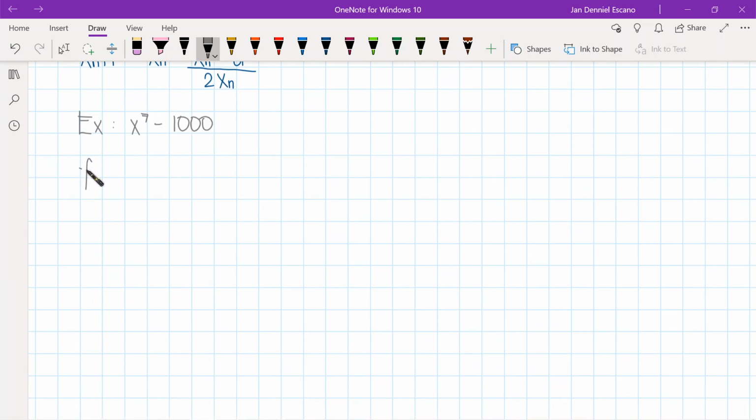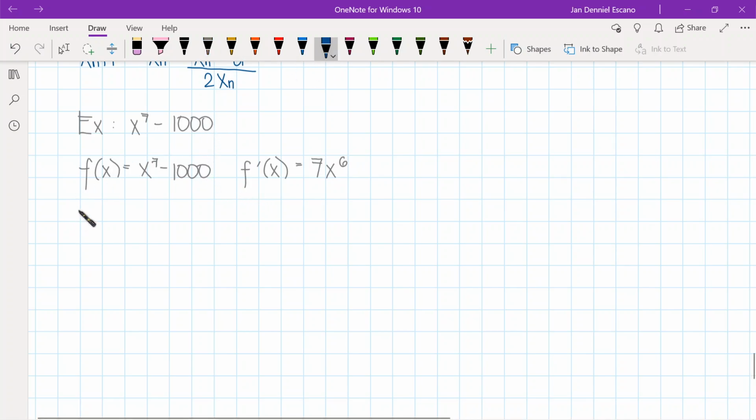So if f of x is x raised to 7 minus 1000, if we get its derivative, it is just 7x raised to 6. And therefore, we can plug it into our equation. x sub n plus 1 is equal to x sub n minus f of x, which is x sub n raised to 7 minus 1000, all over f prime of x, which is 7 x sub n raised to 6.